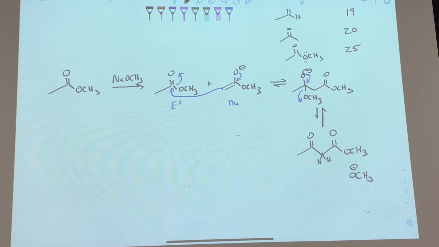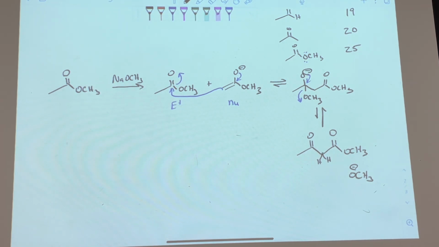They're not adjacent to a carbonyl like all the ones we've seen up to this point. They are sandwiched in between two carbonyls. So they're not just activated. You can think of them as doubly activated.